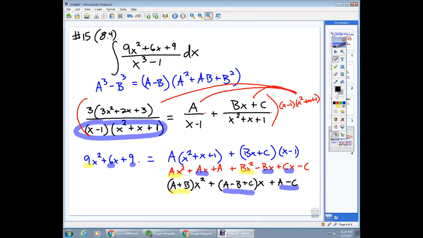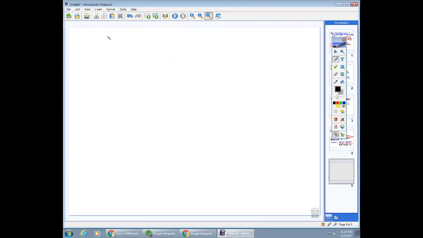Help me out. I think we have a plus b, there's no c, equals 9. a minus b plus c is 6. Am I doing okay? And then a, no b, plus c or minus c? Minus c, thank you.